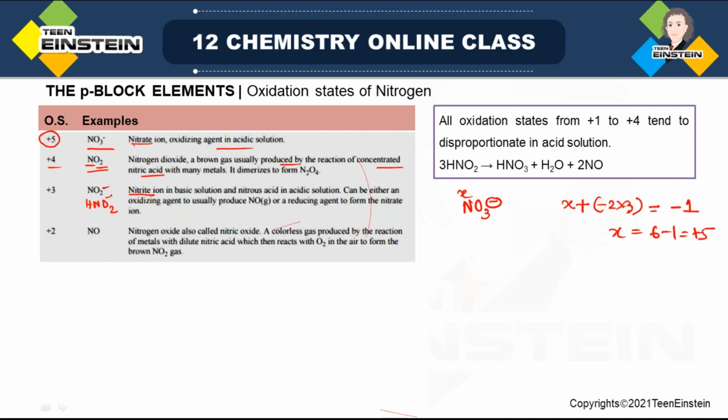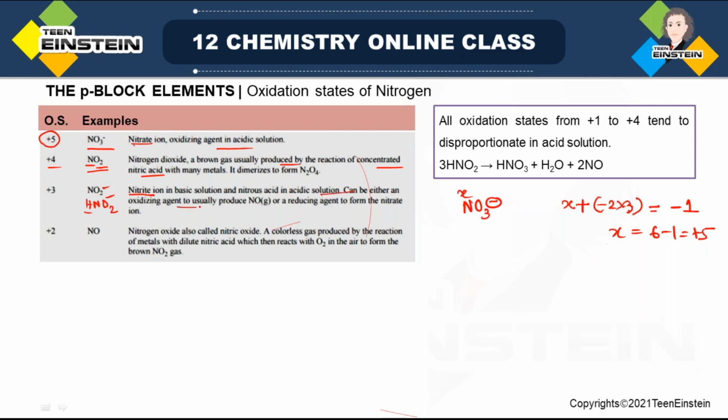If you keep the ion NO2 minus in acidic solution, it will take a proton and be converted to HNO2. Similarly, if you put HNO2 in basic solution, the H will be removed and NO2 minus generated. That is why it is written nitrite ion in basic solution, nitrous acid in acidic solution.